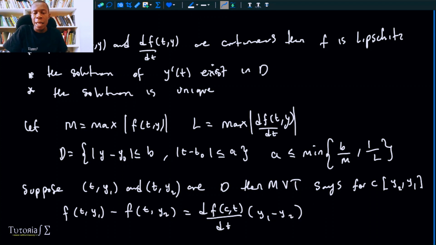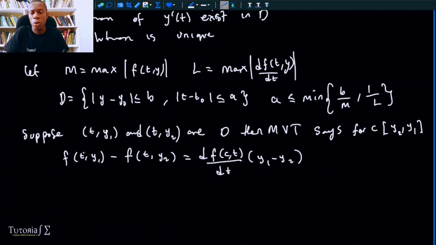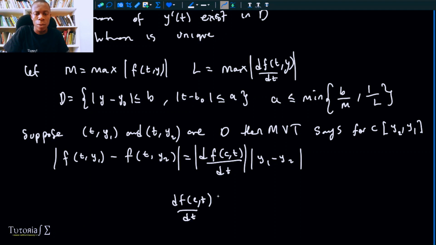And if we introduce modulus on both sides of this, we see that we're going to have the modulus here and here. And now you notice that the derivative at the constant is actually less than the maximum of ∂f/∂y over the region.